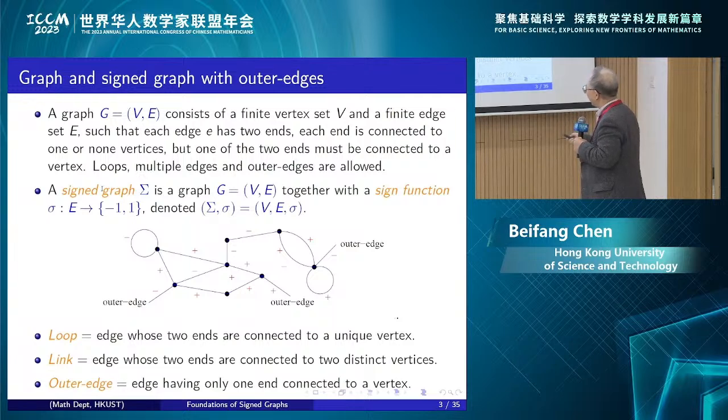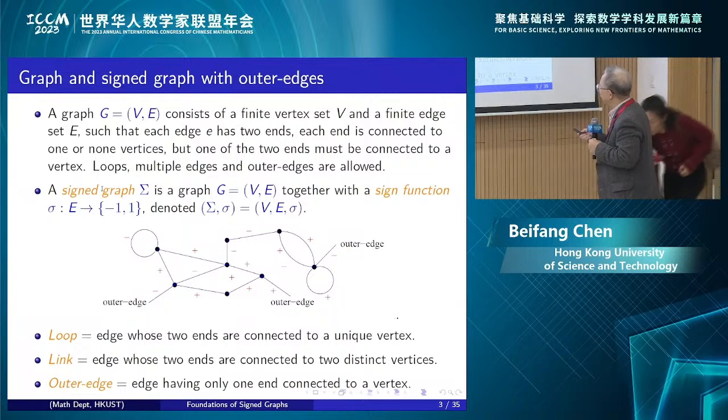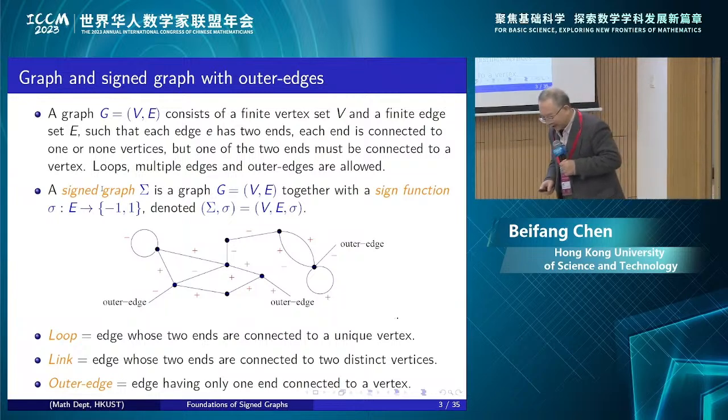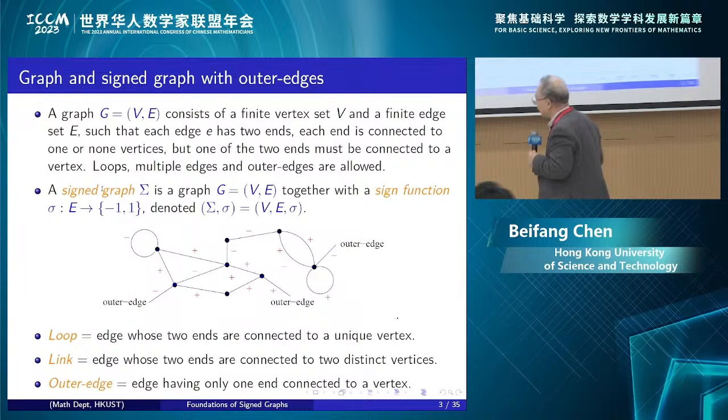But here, we allow outer edges, and this has its own advantage. And for a signed graph, it means that every edge is assigned a sign. It can be a positive sign or a negative sign.